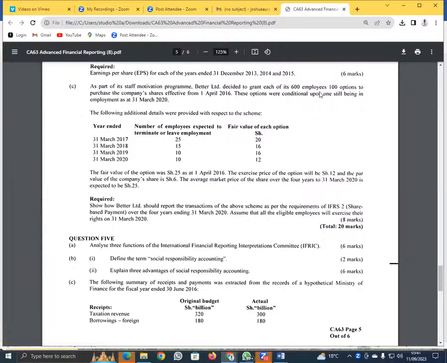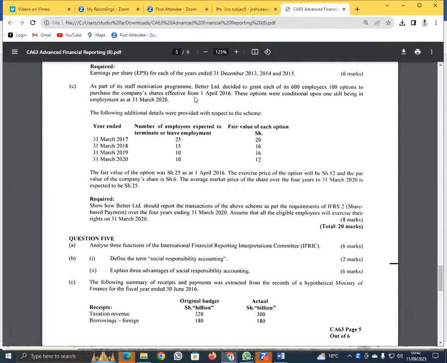So we're giving them options, what we call equity instruments. And if that is the case, for the purpose of obligation valuation, I'll only look for the fair value as at the date when I was granting them these options. And these options were granted on 1st April 2016. This is the grant date.